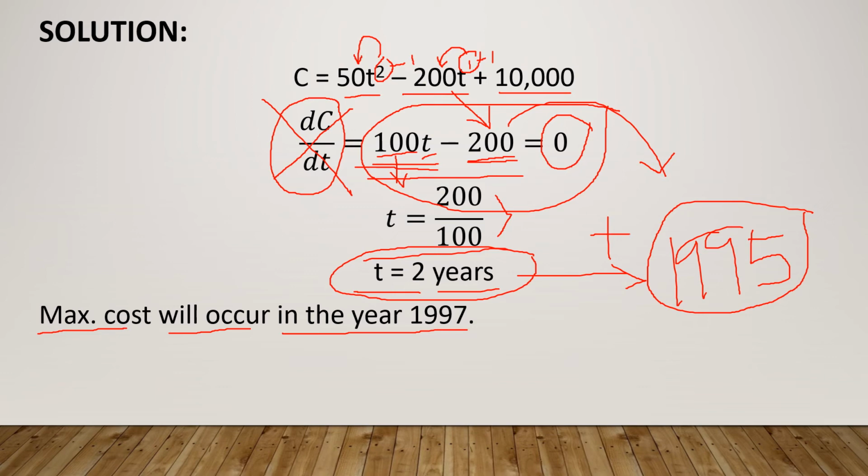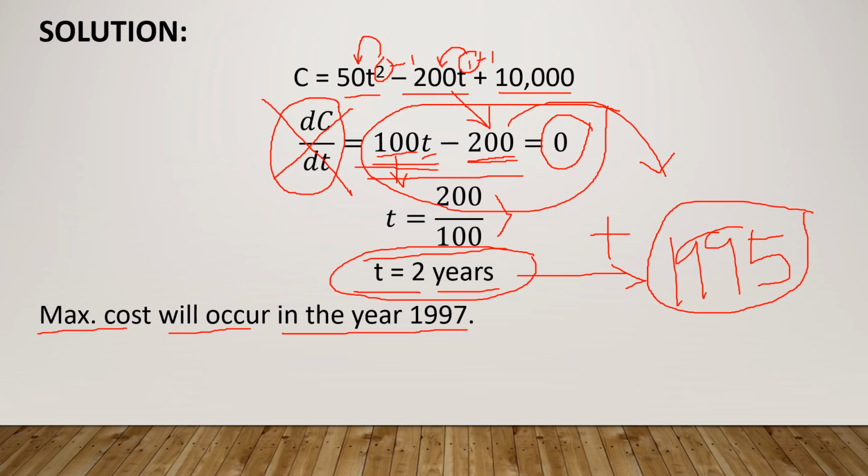Since our computed value for t is 2 years, we just add these 2 years to 1995. So the maximum cost that will occur between 1995 and 2002 will fall on 1997.